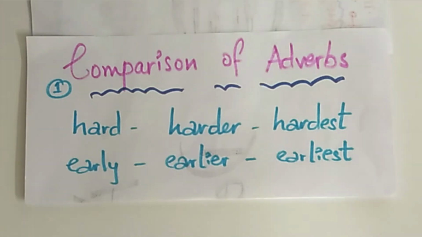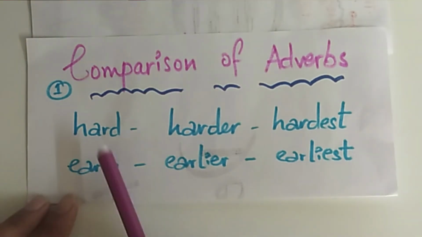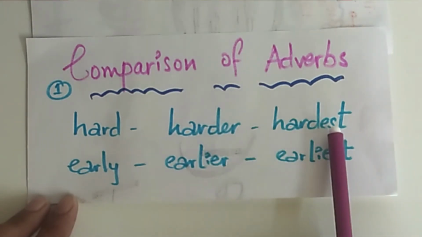What does it mean? Comparison of adverbs is also more or less the same as we have done in adjectives. Comparative and superlatives of adverbs are formed like those of adjectives. The first point is like hard, harder, hardest.